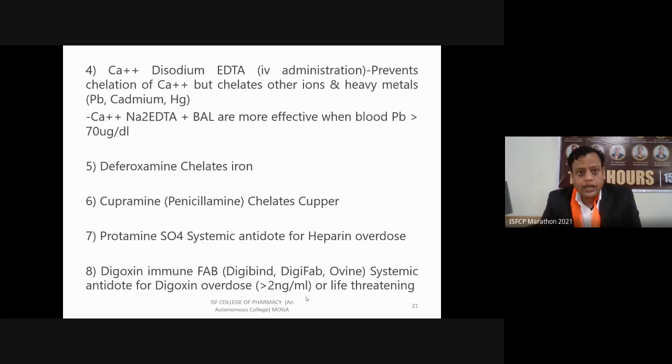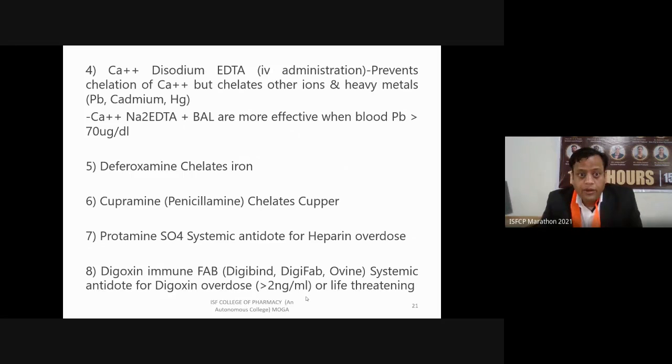Next is calcium disodium EDTA. EDTA, ethylenediaminetetraacetic acid, is also used as an antidote. It prevents chelation of calcium ion, but chelates other ions and heavy metals like lead, cadmium, and mercury. When it chelates lead, cadmium, and mercury, it forms an insoluble complex and reduces the toxicity of these heavy metals.